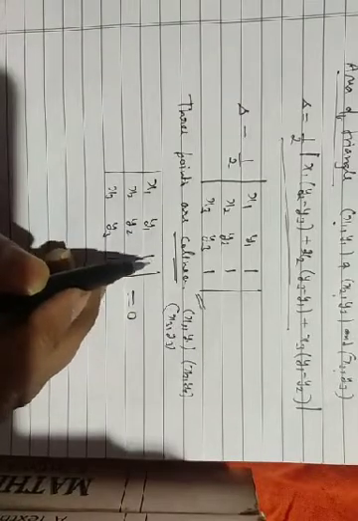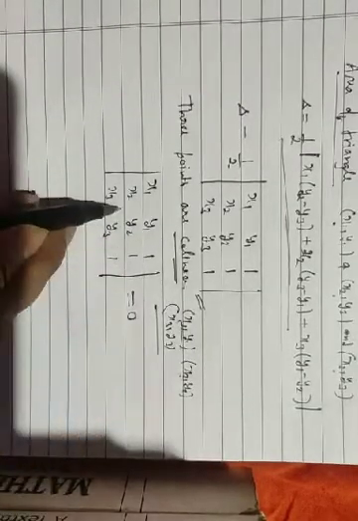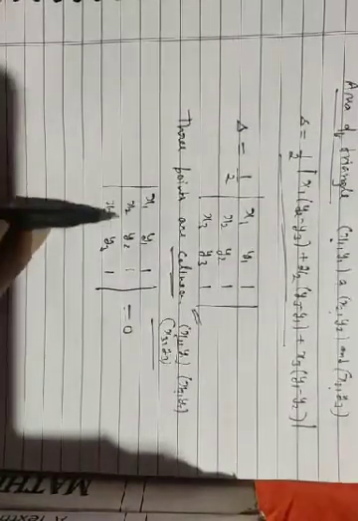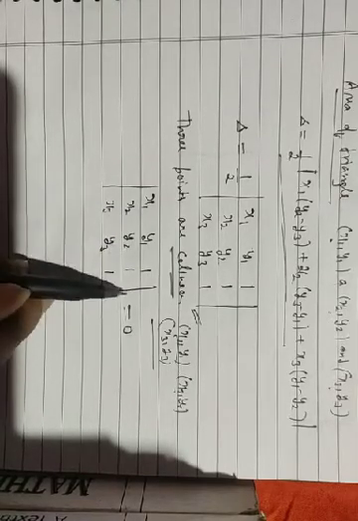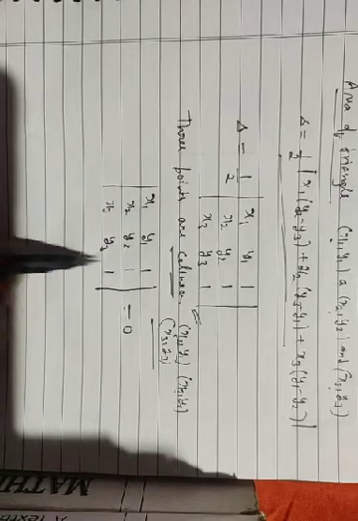When we have to show that the given 3 points x1 y1, x2 y2 and x3 y3 are collinear, then we show that the determinant x1 y1 1, x2 y2 1, x3 y3 1 is equal to 0.